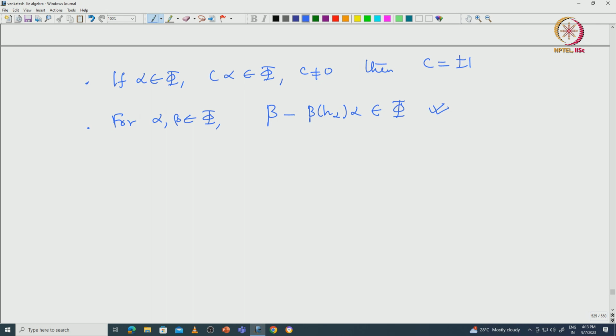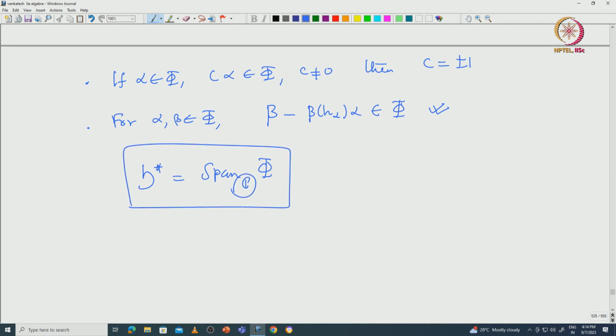Now we are working over this H star, which is the span of phi over complex numbers. Somehow we want to bring down the ground field to real numbers, so that we can use some ideas from Euclidean geometry.